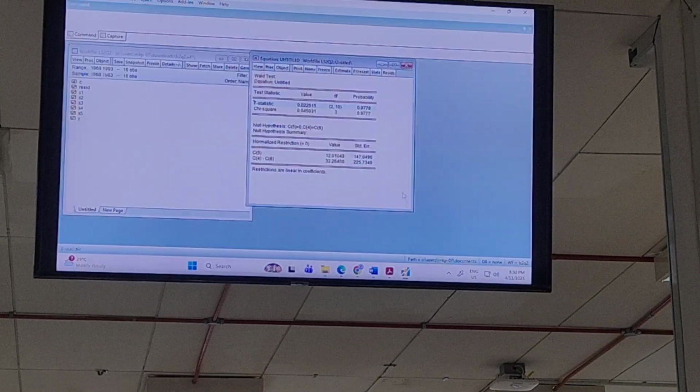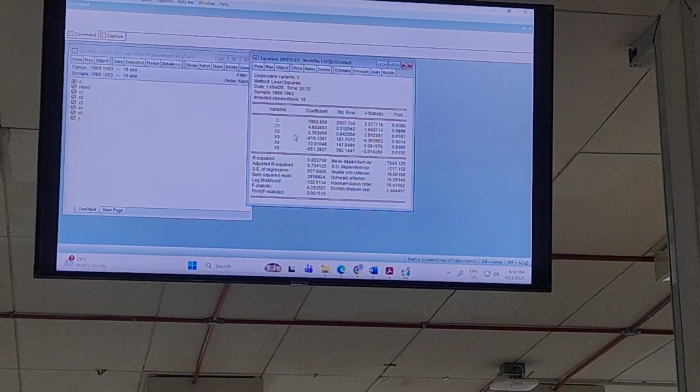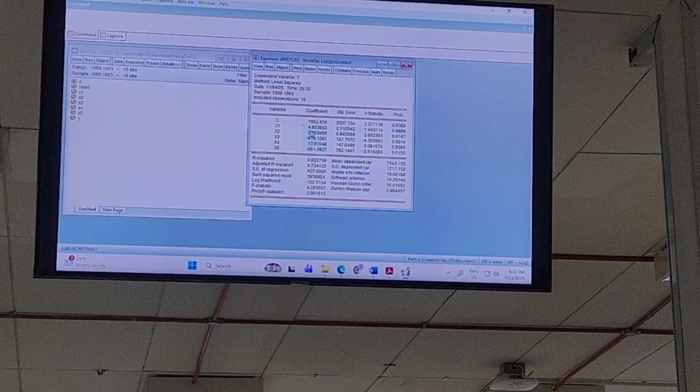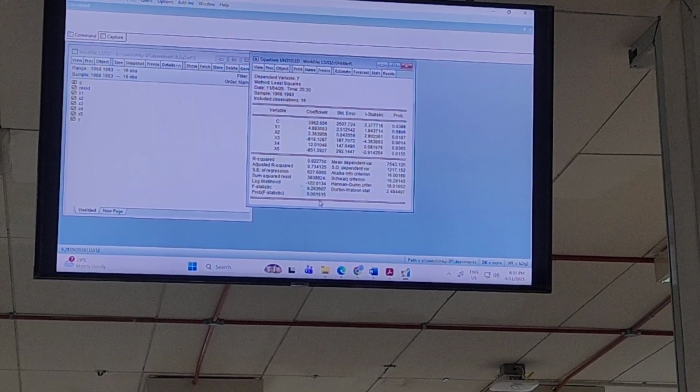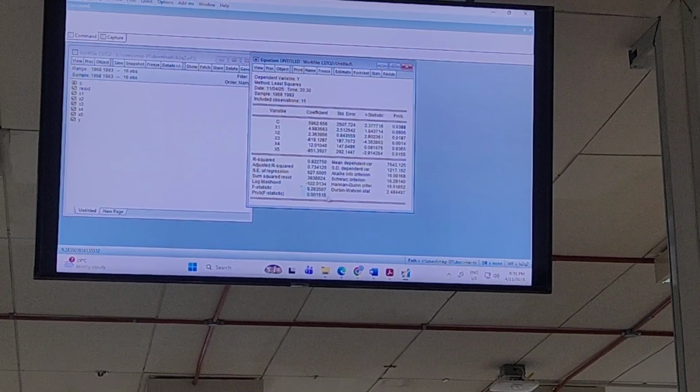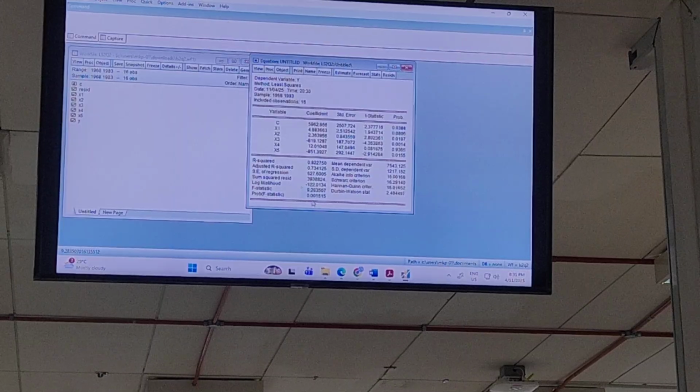In EViews, if you want to test all slope coefficients in the model, you can just take the F statistic and p-value given here. The p-value is smaller than 0.05, so you reject.